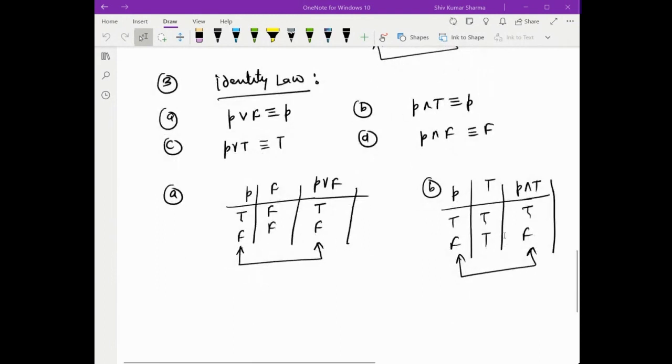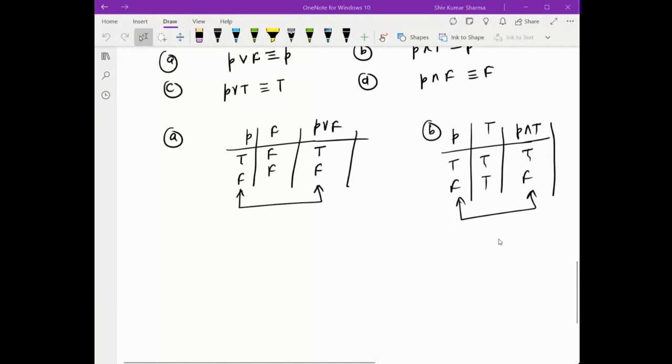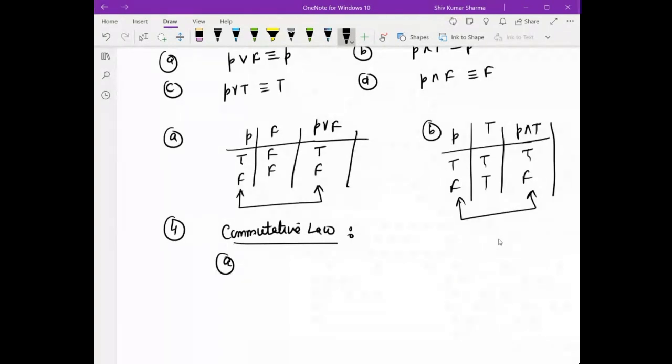Okay. Now the next law, law number 4. This is commutative law. Similarly to set theory, where we use union and intersection, here we use the operations and, or. P and Q be two statements.